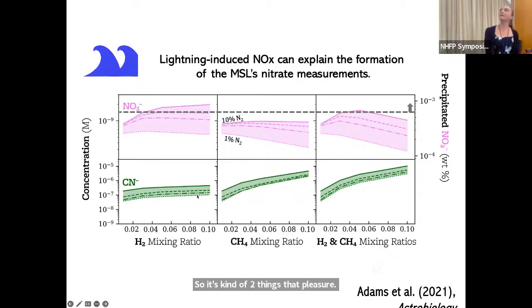This was a bit higher than the nitrate, not because it's being rained out faster, it's actually orders of magnitude slower, but because the loss mechanism of nitrate, which is photoreduction, was much, much faster than the loss mechanism I assumed of cyanide, which was just hydrolysis. But in reality, both might be lost to reactions with iron, but the reaction rate coefficients for that are poorly constrained. So I ignored that in both scenarios.